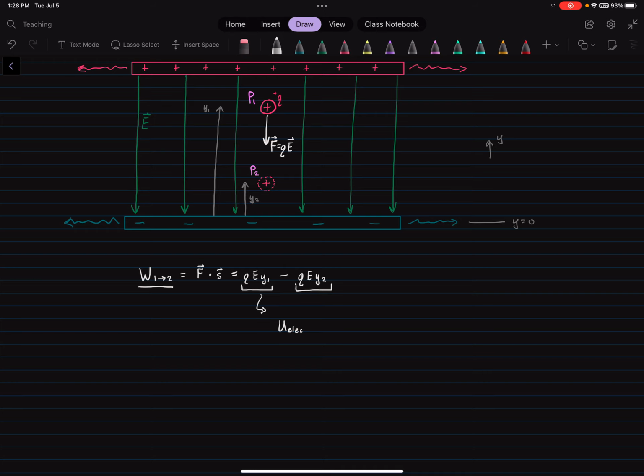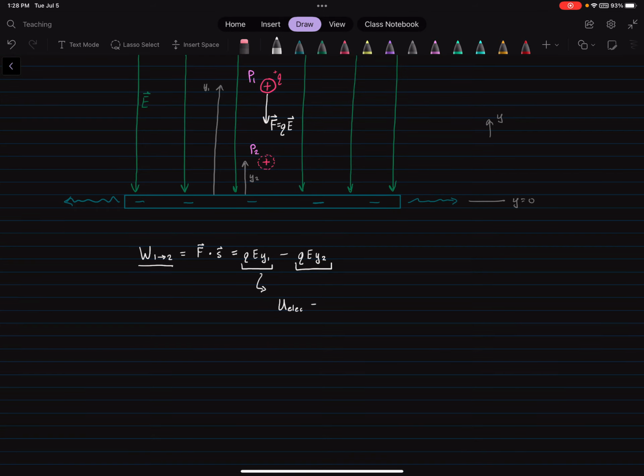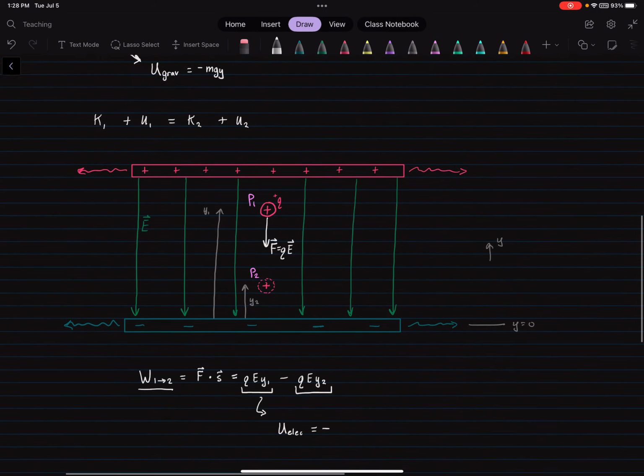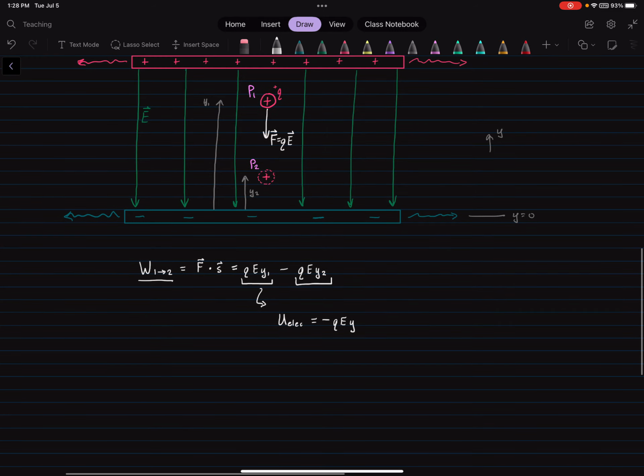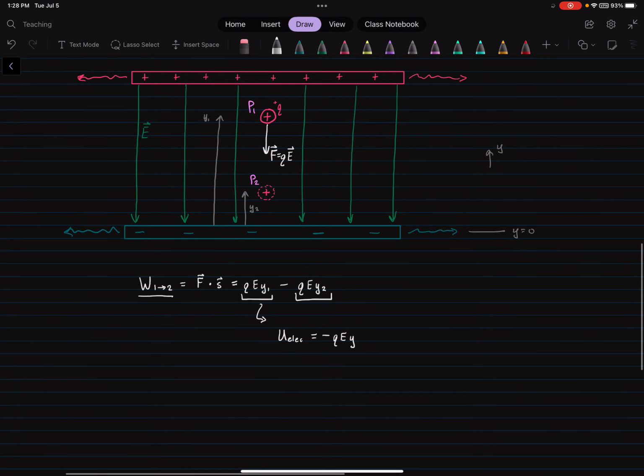All right, so this must mean that electric potential energy is equal to negative QEY, for the exact same reasons that it was negative up here. In textbooks, you might see this Q as Q naught. There's frequent reference to test charges. If that's throwing you off, the idea is just that the charge doesn't really exist.